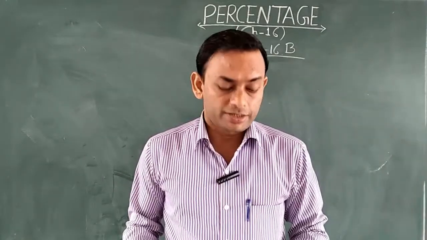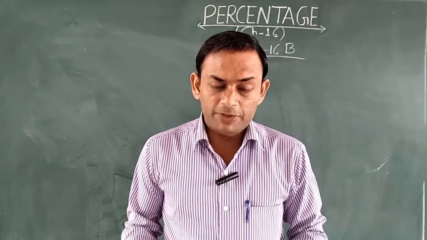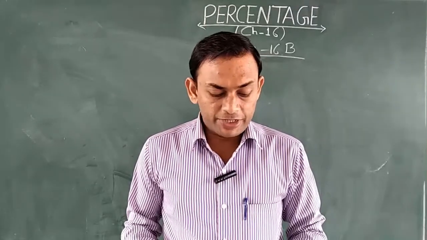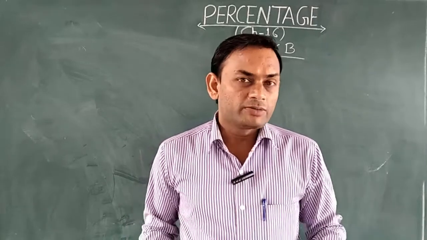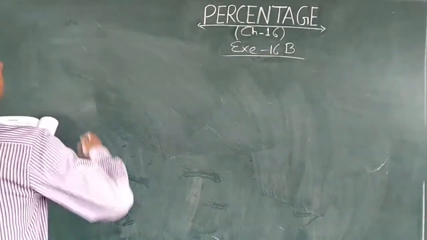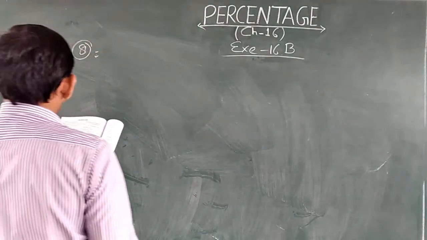Now question number 8. An alloy of copper and zinc contains 45% copper and the rest is zinc. What is the weight of zinc in 20 kg of alloy? Okay, alloy means the mixture of two metals. This is question number 8.